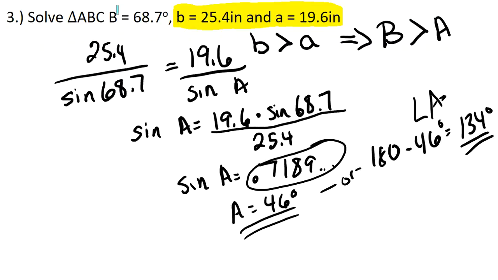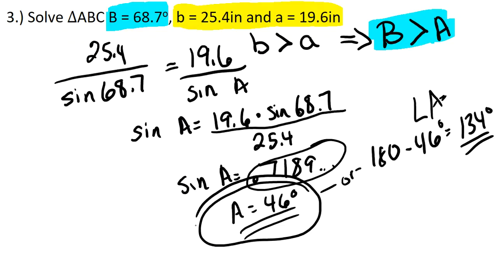So we know that B is 68.7 degrees, so B should be greater than A. If I look at this first one, B is greater than A here, so that works out okay. But B is not bigger than 134, therefore 134 cannot be a possibility. So I don't need to solve two triangles, I just need to solve the one for this problem.